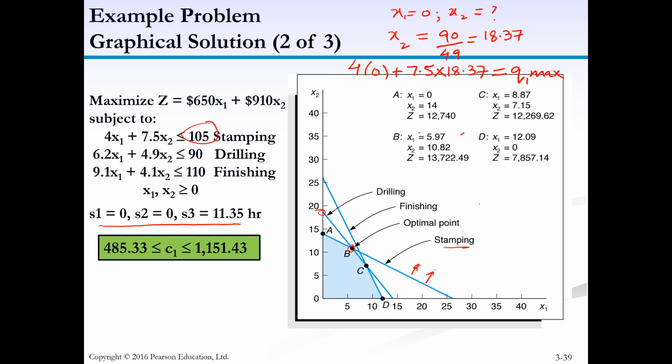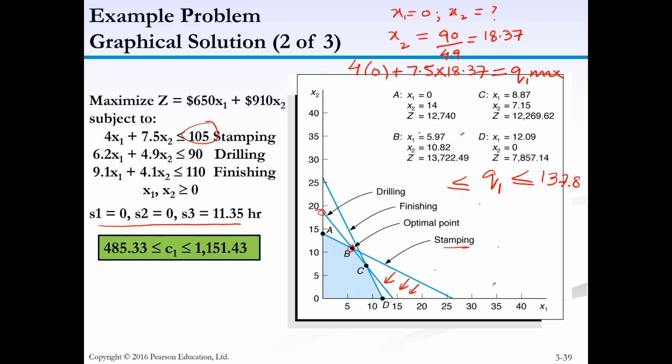What we get is 137.755, roughly speaking 137.8. So the maximum is 137.8. And let's look at the lower side. Now for the lower side, we will be moving the stamping constraint towards the origin, to this side.